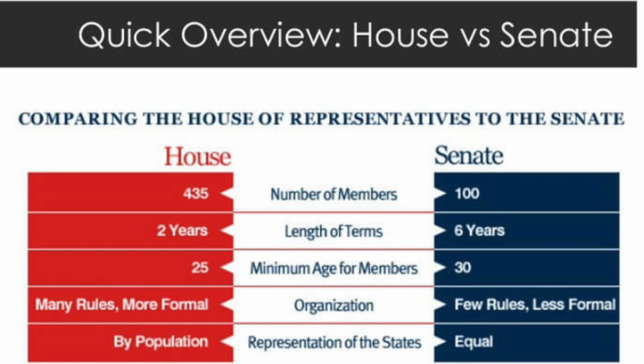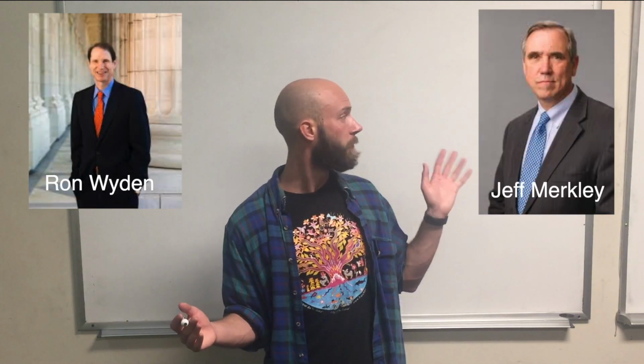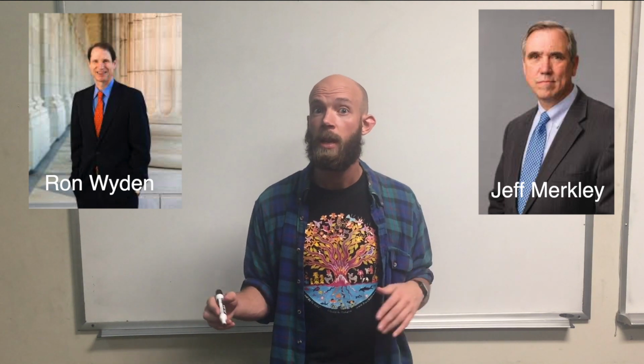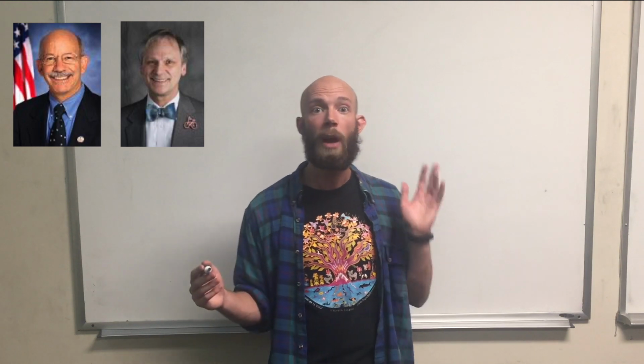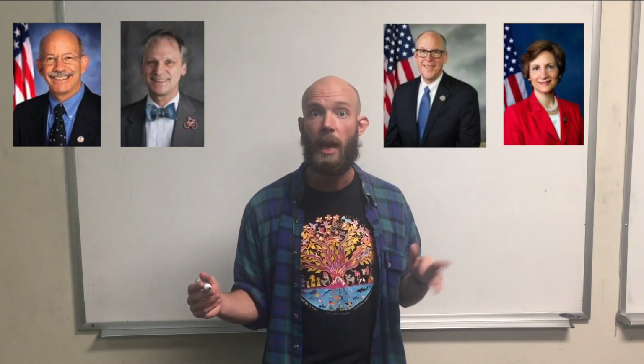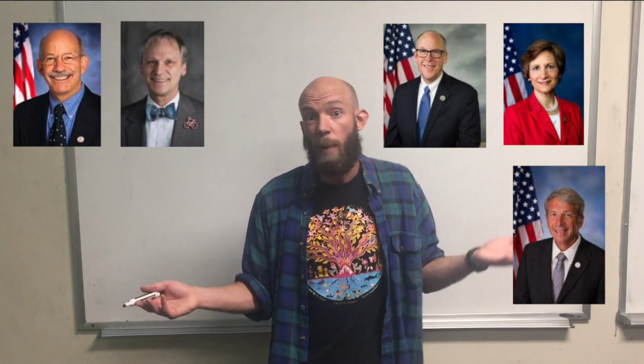Every state has 2 senators. In Oregon, your senators are Ron Wyden, hey Ron, and Jeff Merkley, hey Jeff, both Democrats. Oregon's representatives are Peter DeFazio, Earl Blumenauer, Greg Walden, Suzanne Bonamici, and Kurt Schrader. Get to know their names, because they represent you.